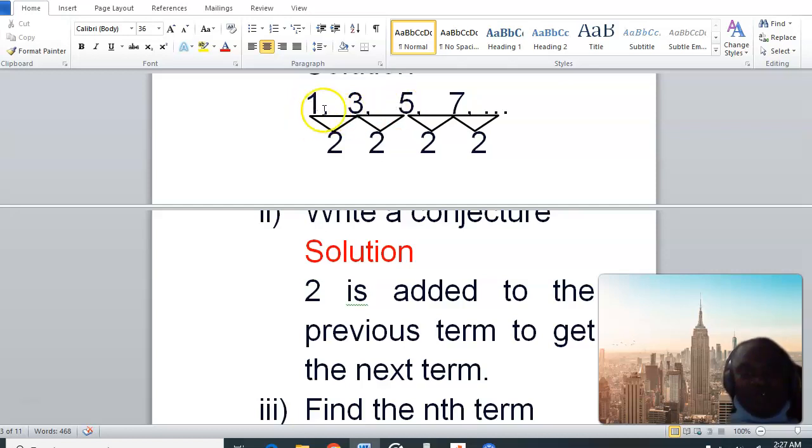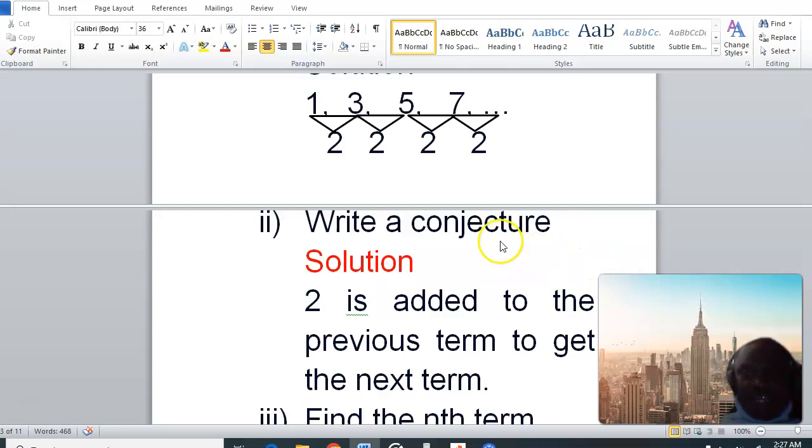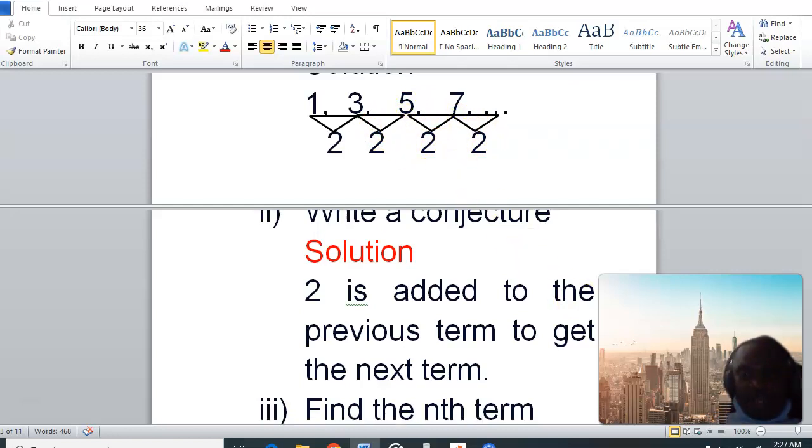So this is the previous term. You add 2 to the previous term to get the next term. So that is the conjecture. We also said conjecture is the description of the pattern, what you see about a pattern. So let's look at the next question.